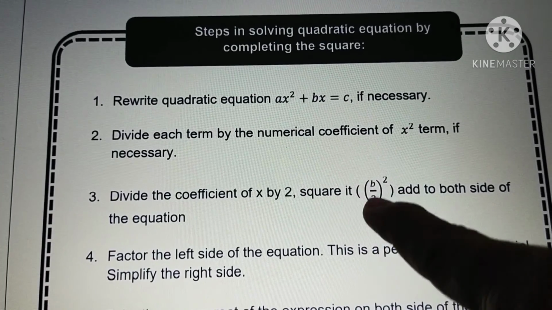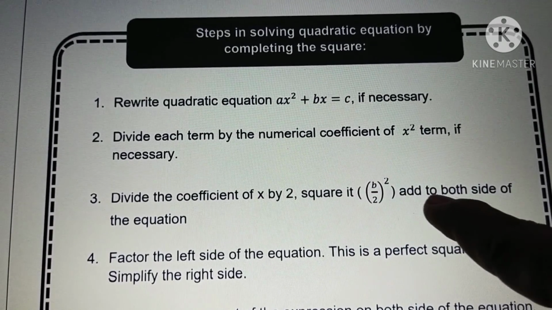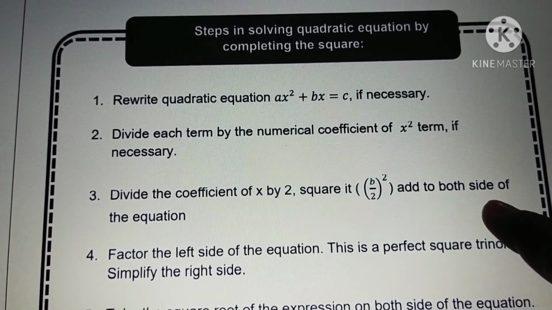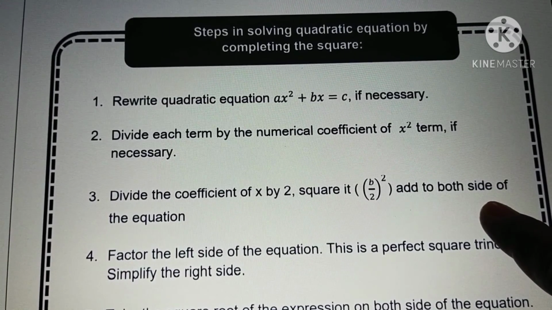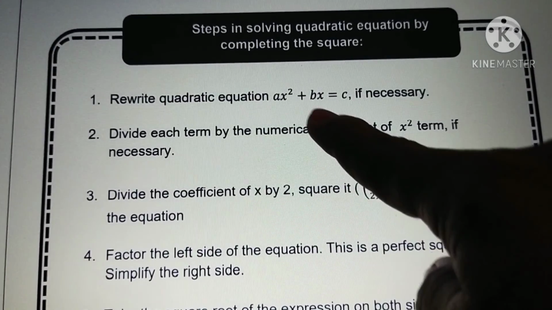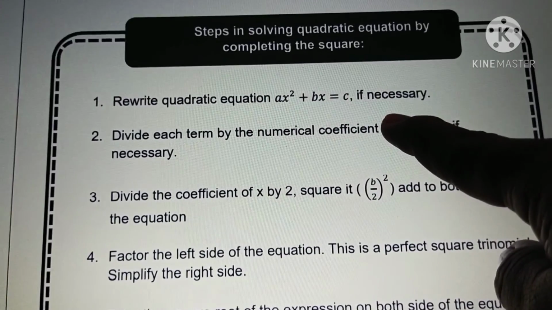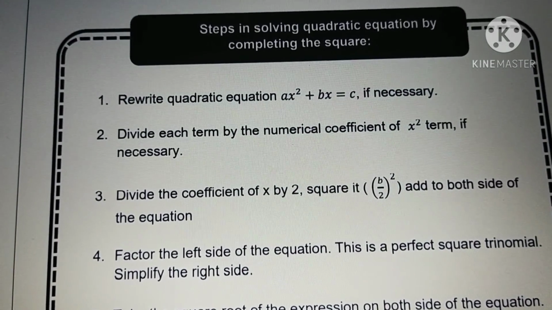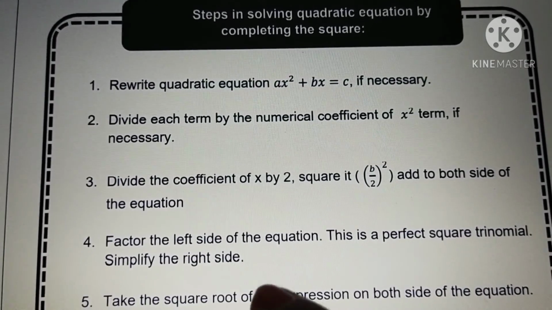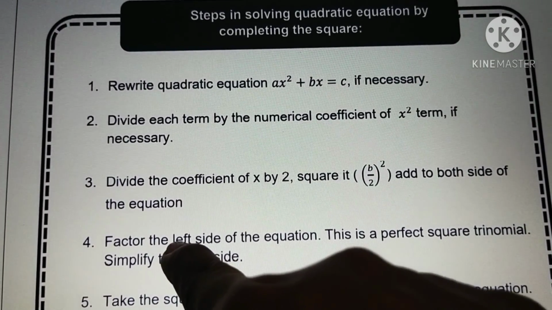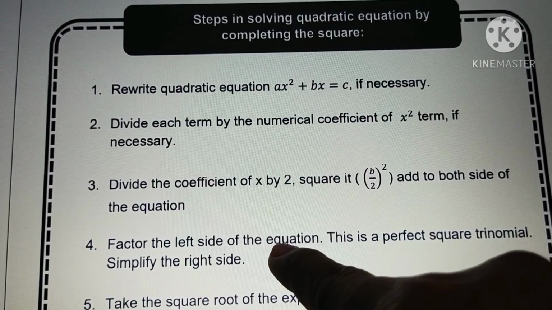But you have to square it and add to both sides of the equation. Okay, so add both sides. Kung mag-a-add ka dito, dapat mag-a-add ka rin doon sa kabila. That's it.